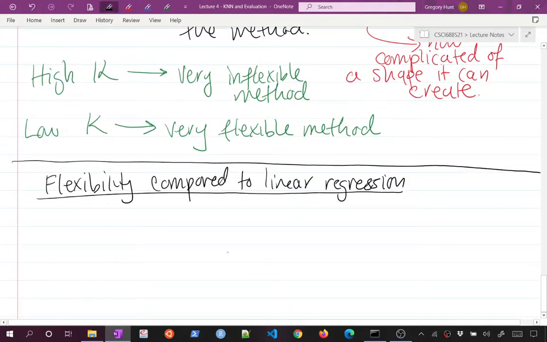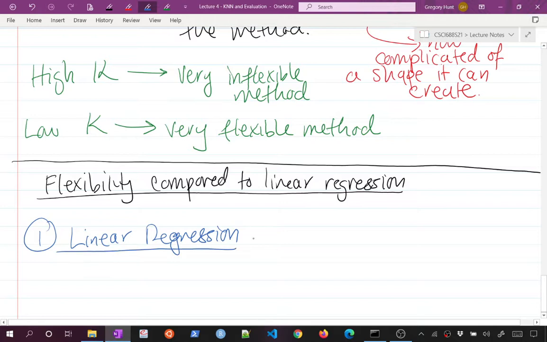So let's look at these two different approaches we've learned so far. For linear regression, I want to look at the number of parameters that I need to fit. That's a kind of measure of flexibility. The more parameters I have in my model, the more options I have, the more flexible an approach I have.